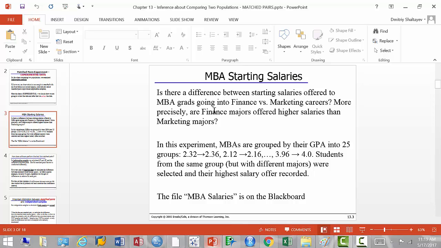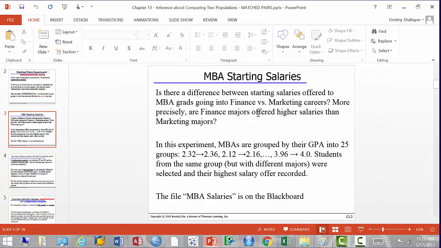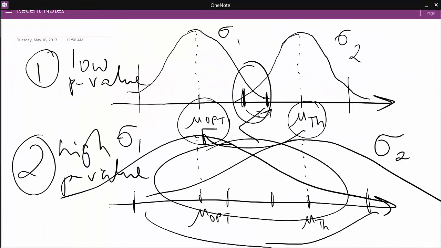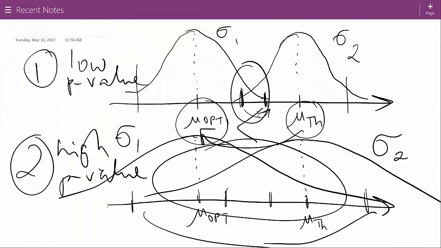More precisely, is it true that finance majors are offered higher salaries than marketing majors? And that becomes my null or alternative, what I'm trying to investigate. Is that a null or is it an alternative? Alternative, right?